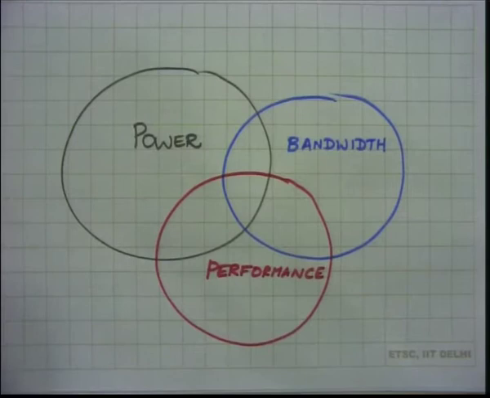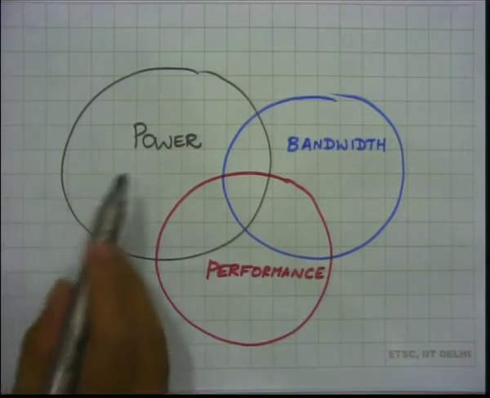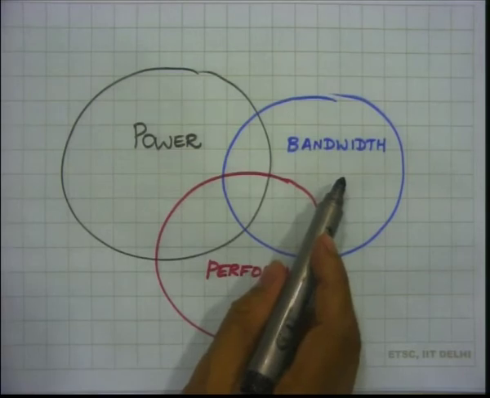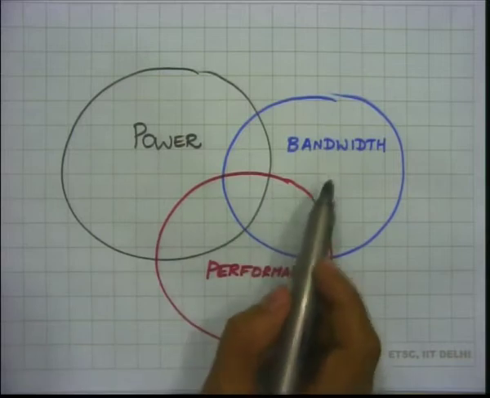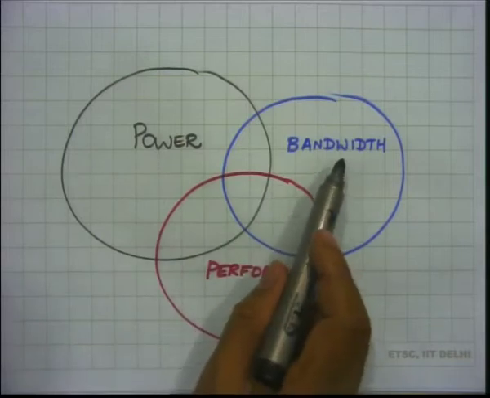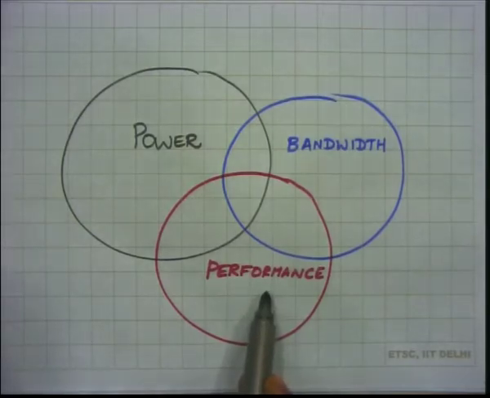Now, what it tells us is that I can trade off one for the other. So, if you give me more power, then maybe I would say I do not need more bandwidth, even a reduced bandwidth, to give you the same performance.